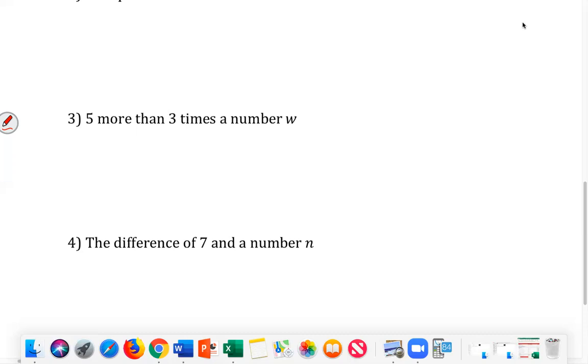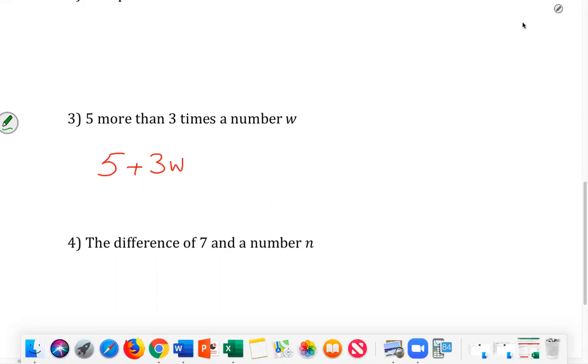Addition. So 5 more than. That means I'm going to do 5 plus 3 times a number w. So I could write it as 3w or 3 times w. I prefer this.